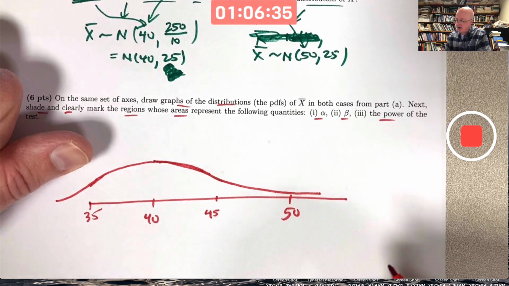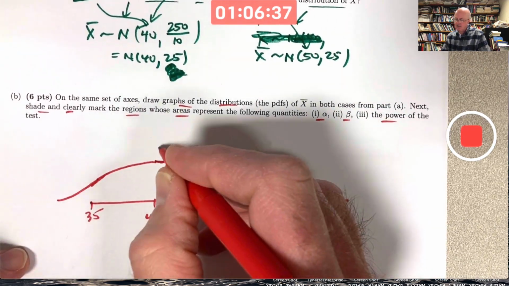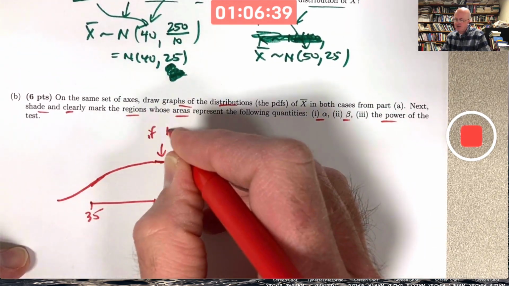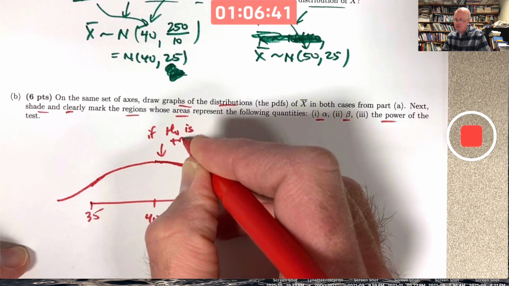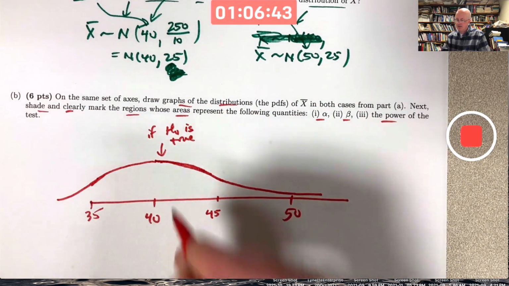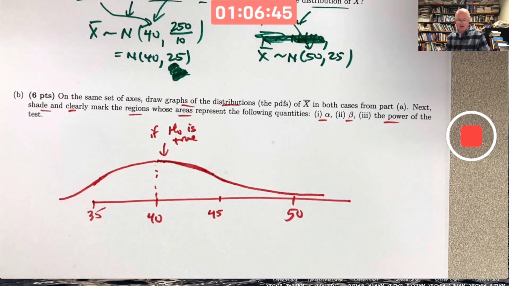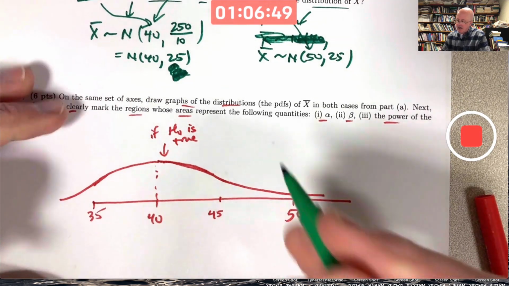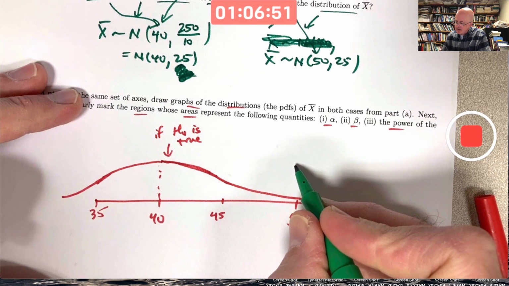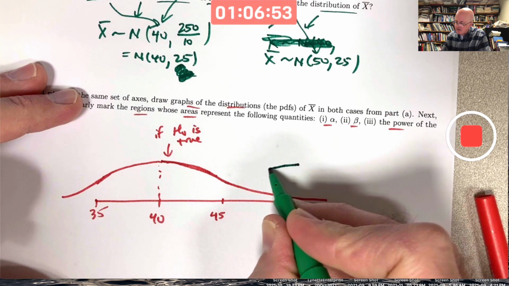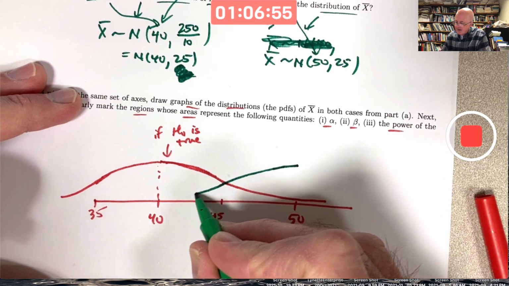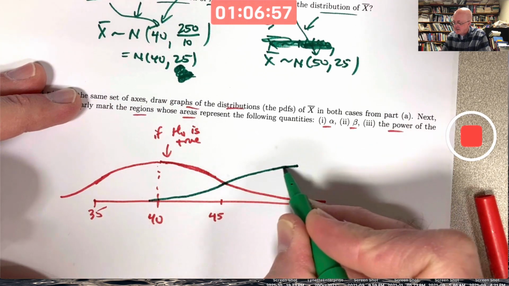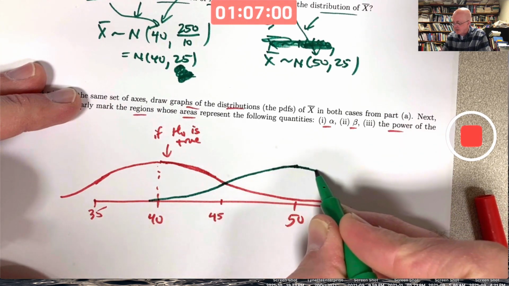Doesn't have to be a perfect drawing. So if H0 is true, where mu is 40, centered on 40. And another picture if H1 is true, centered on 50, still with an inflection point of 45. For my students, if this was on the test, again, your drawing doesn't have to be perfect.